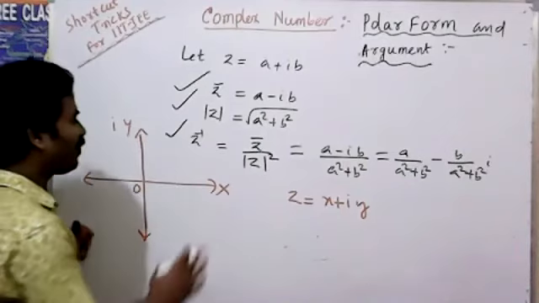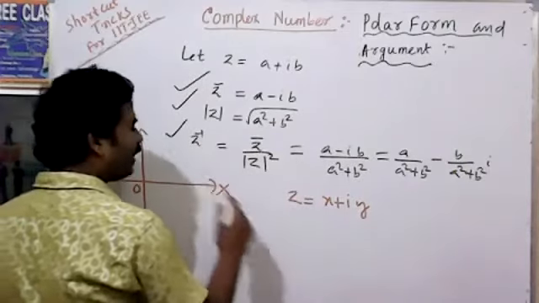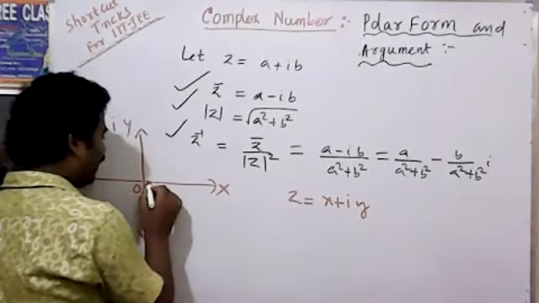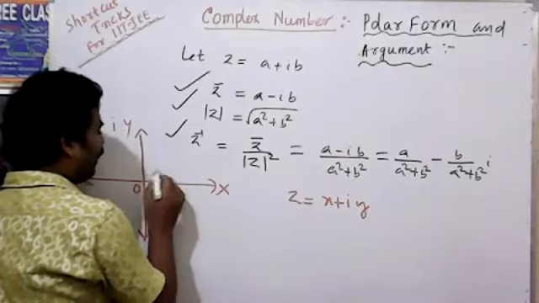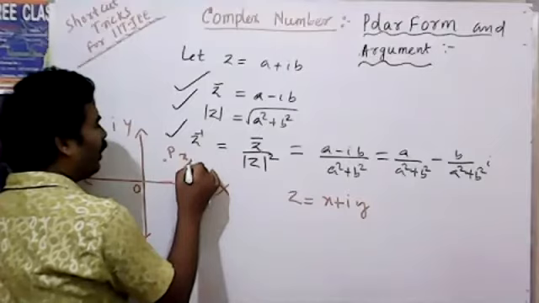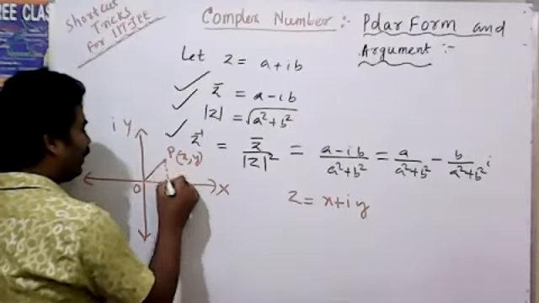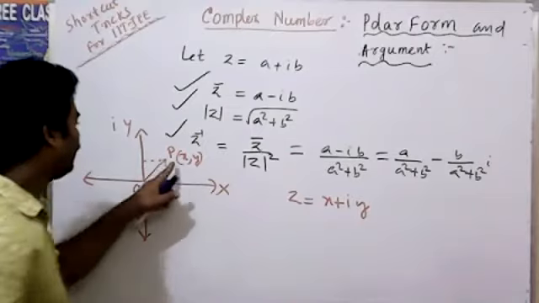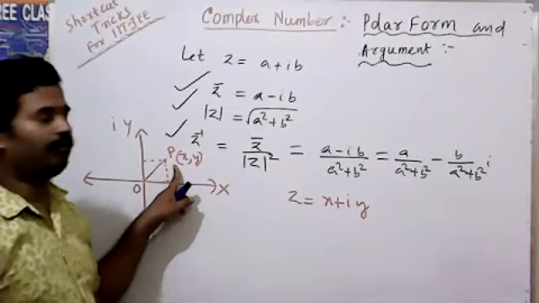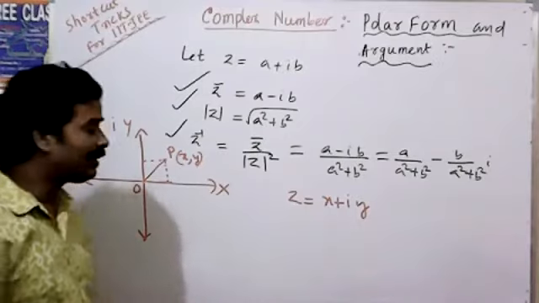In that case, the real concept comes, and here that is theta. If this is a point P in the form of x and y, this point is in the Cartesian system.